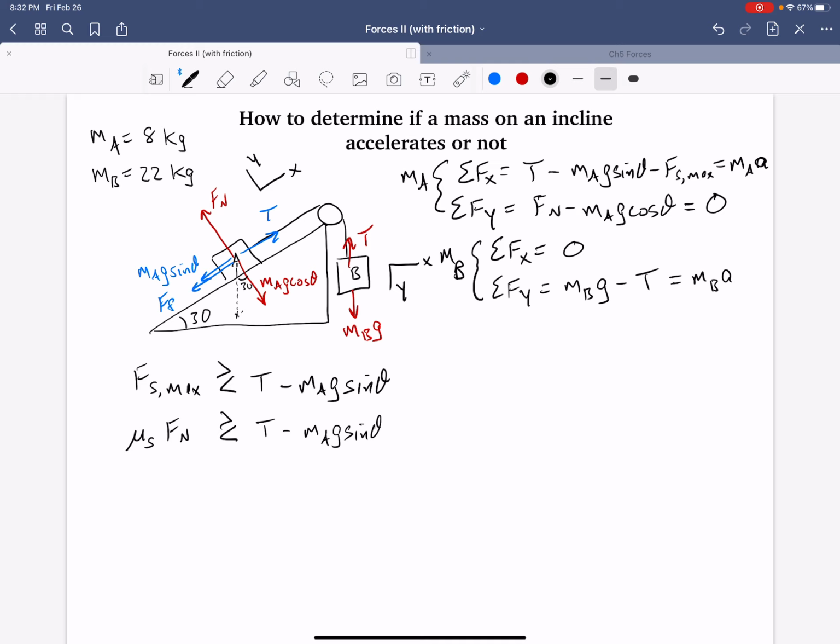If this is not moving, we can. We can use mass B, the y direction for mass B. So from there, tension equals mbg minus 0, right? That's what tension equals.